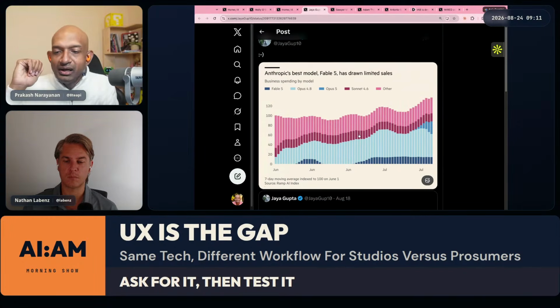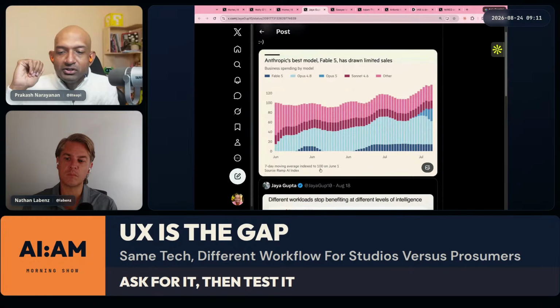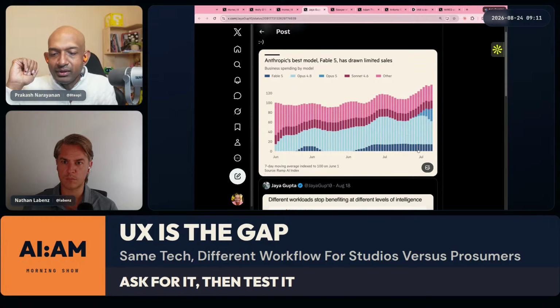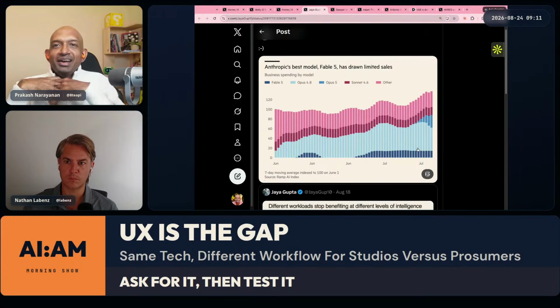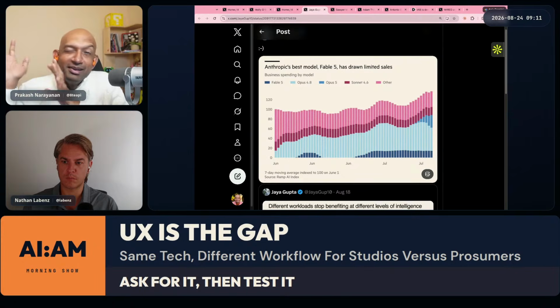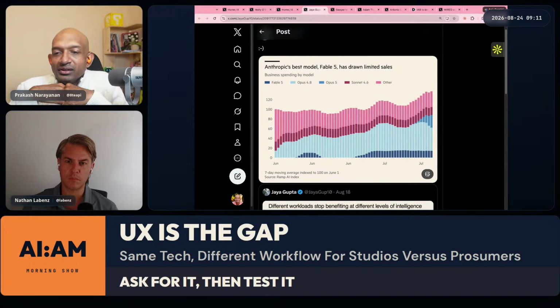This is a 7-day moving average, and they're using Ramp's AI index. And you can see Opus 5 kind of crept in there, but Fable has really just stayed kind of stable. And so this has been one of the reasons why the market this morning is dropping for all AI stocks. That and many other reasons in the market, but essentially, this is one of the things that has scared the market a little bit.